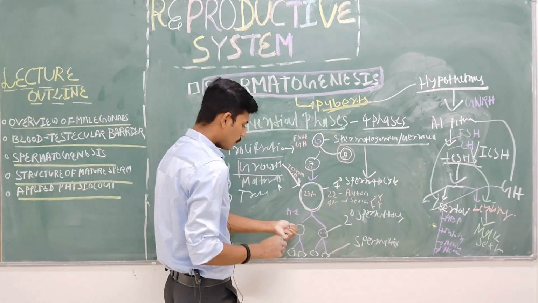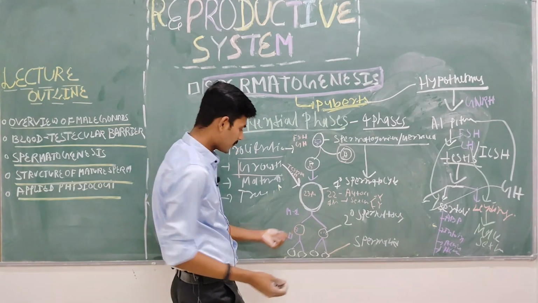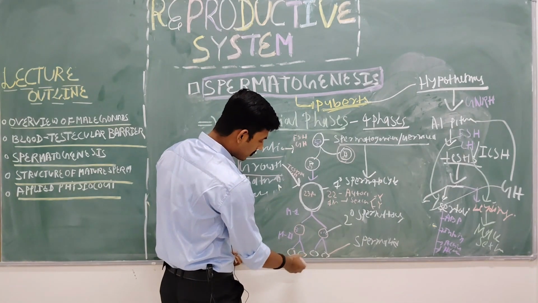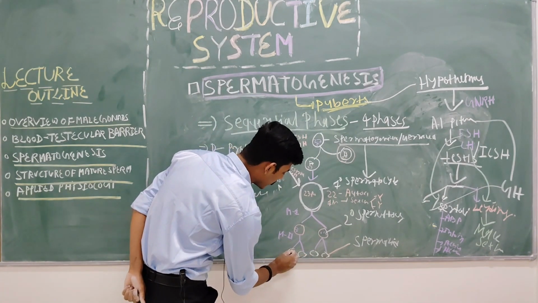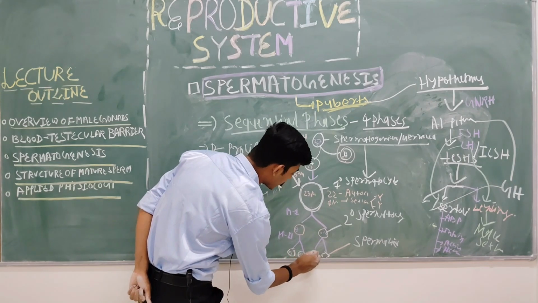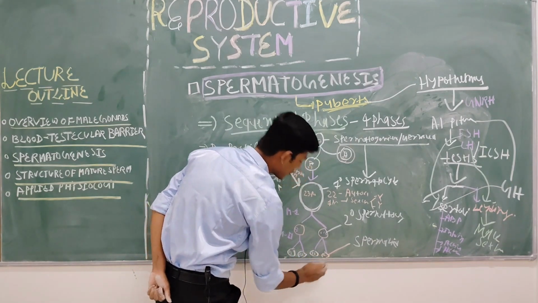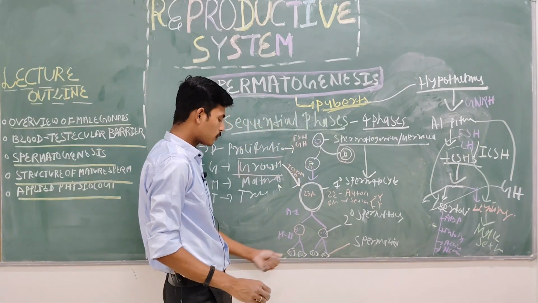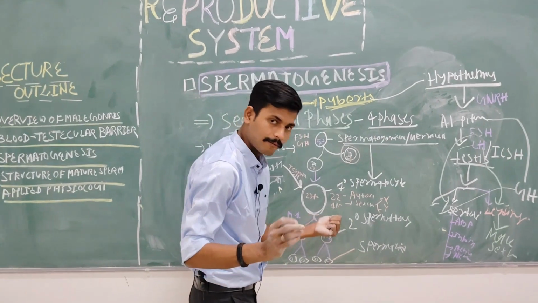One time replication and two times division. Now there will be formation of 23, not in pairs, it is haploid. So 4 spermatids form.